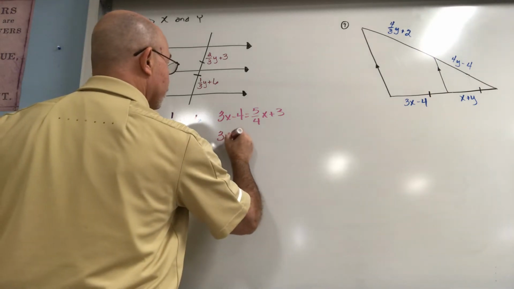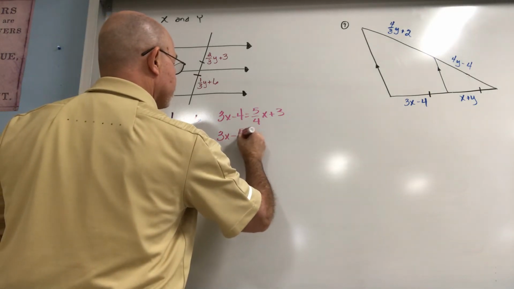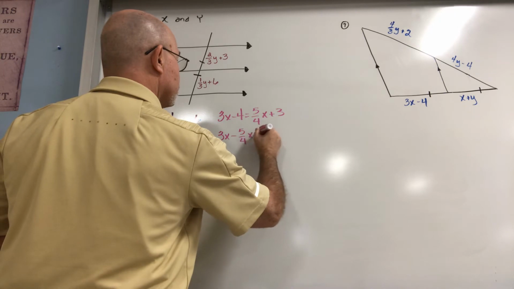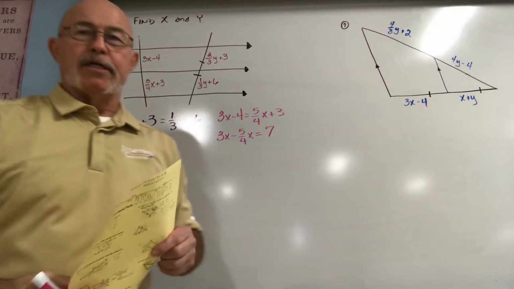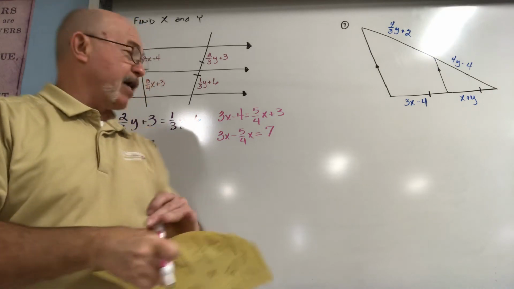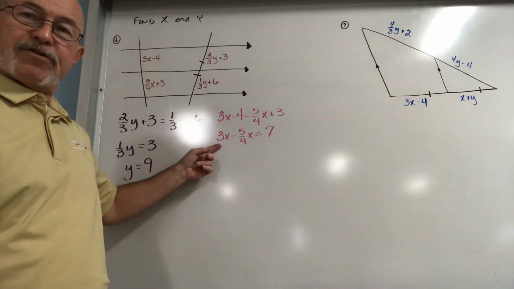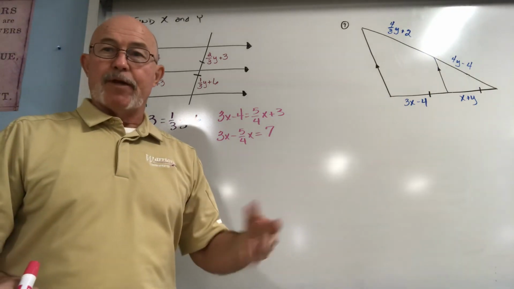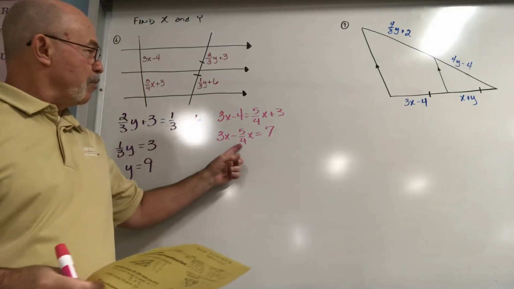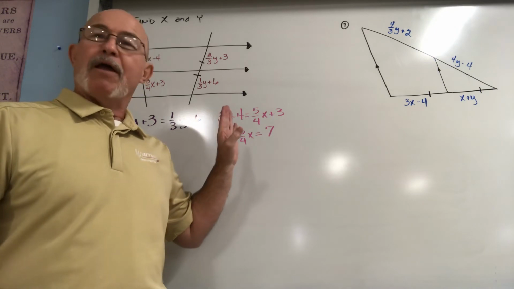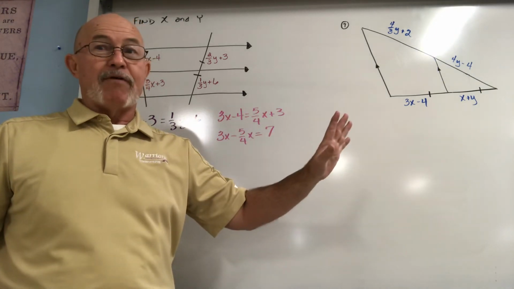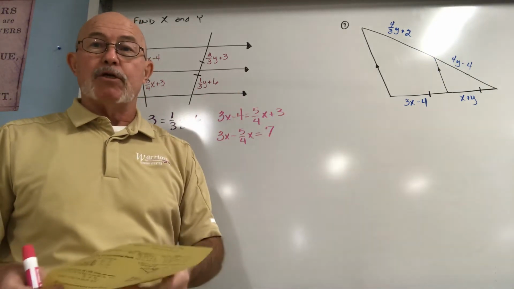So, two ways you can look at this. You can turn this into fourths, subtract, and go from there. Or we can multiply everything by the denominator and get rid of our fractions right now. That's what I'm going to do.